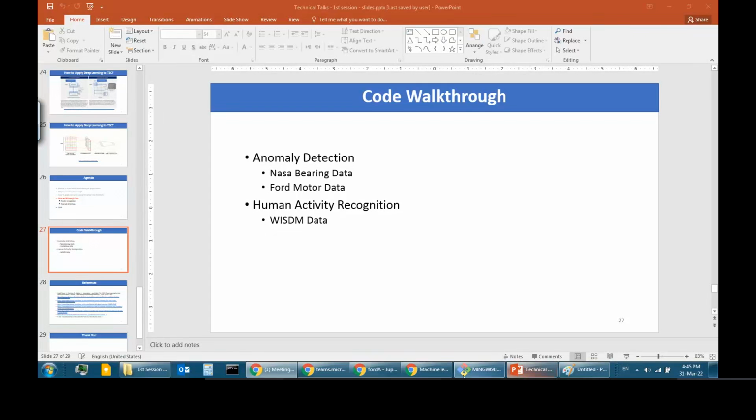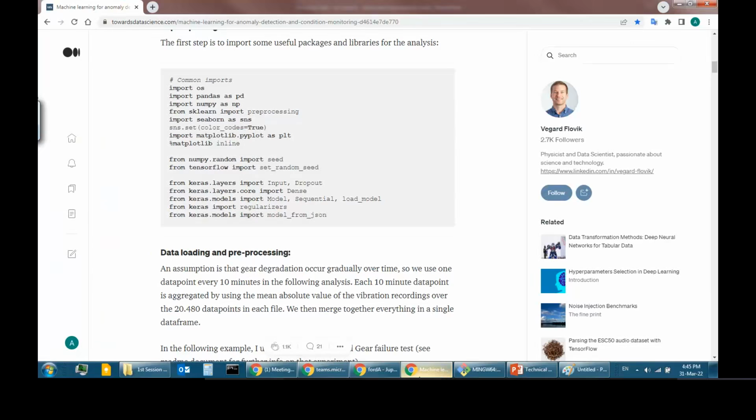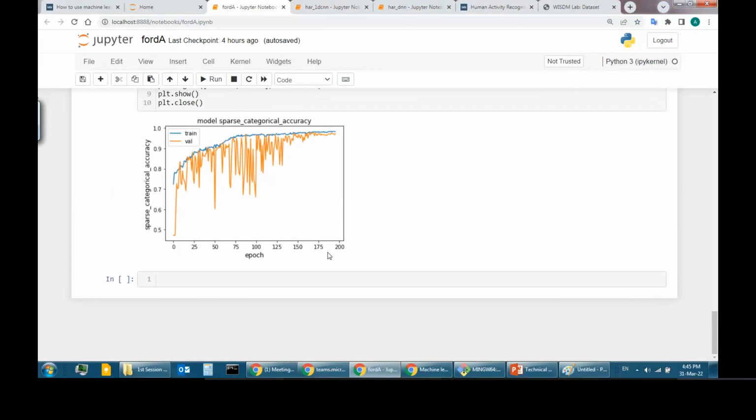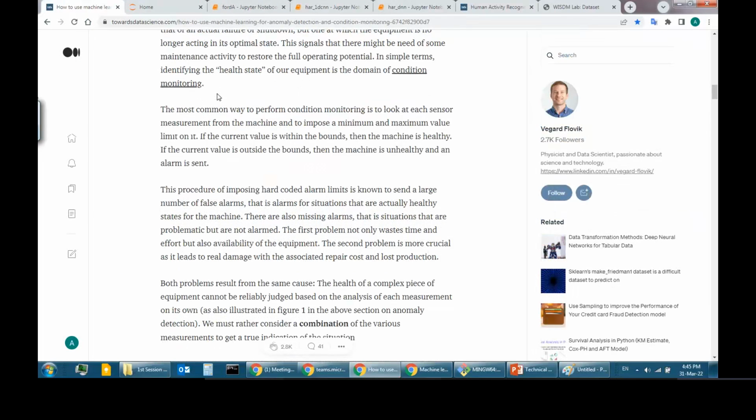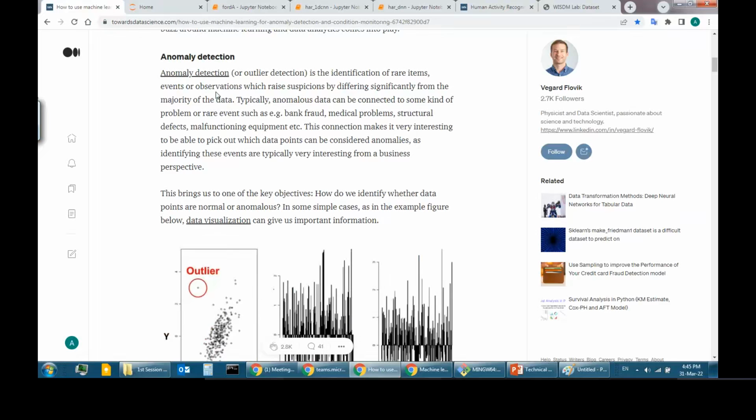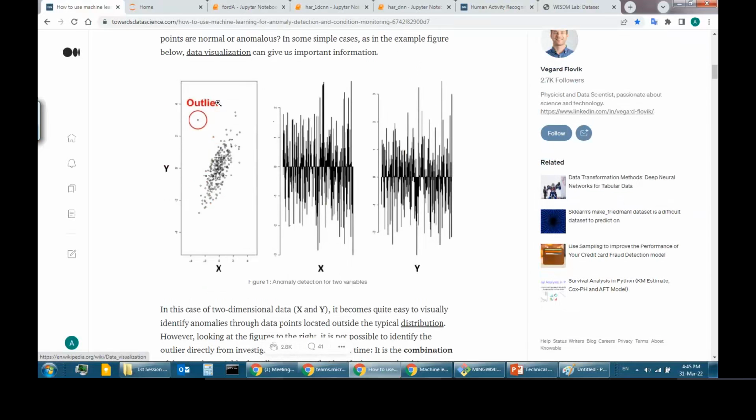Anybody who is interested in the code can refer to it, especially if you have a project where you want to apply the same techniques to whatever problem you have. Some of my students have anomaly detection problems, so they can apply the same concepts here, PCA or autoencoders, for detecting, for example, bearing failure of some kind, or any other equipment measurement.